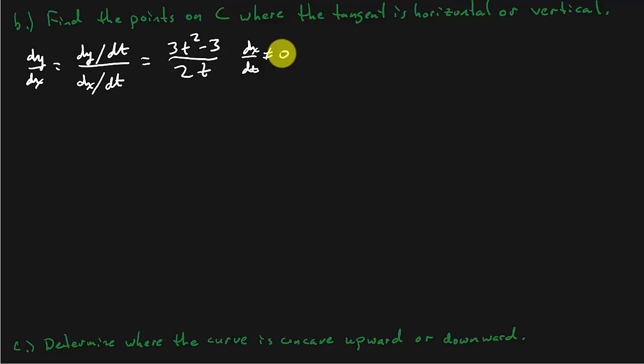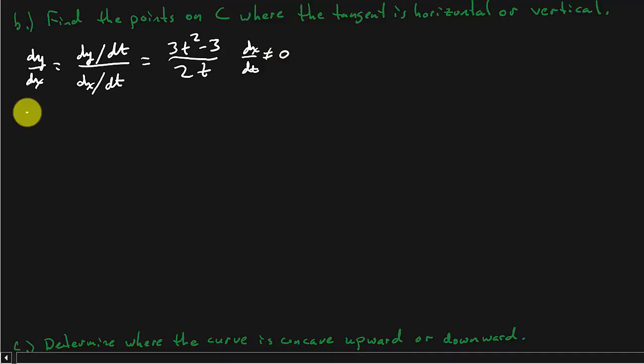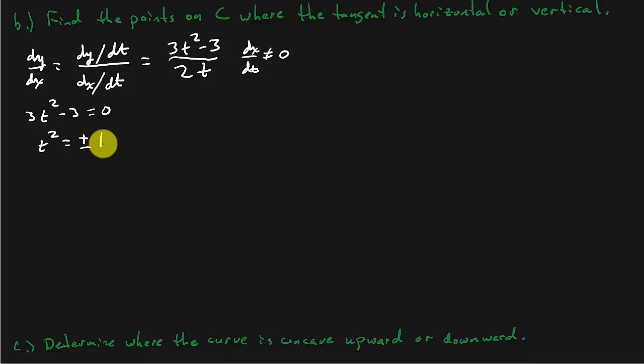When is dy dt equal to 0? Well, that's 3t squared minus 3 equals 0. So that's going to give us t squared equals 1, so t equals plus or minus 1, when we solve it. So when t is plus or minus 1, that's when we're going to have a horizontal tangent.